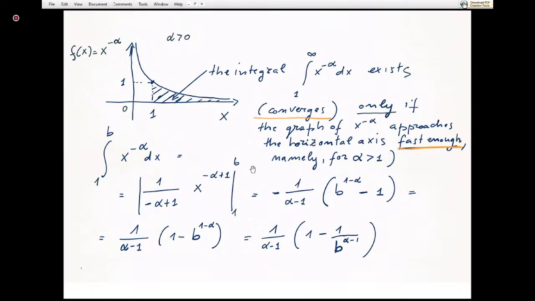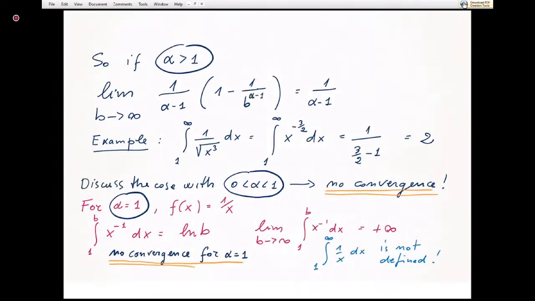The only case left for our analysis is when alpha is exactly equal to 1, so the function is x to the power of minus 1. Its primitive is the log of x.